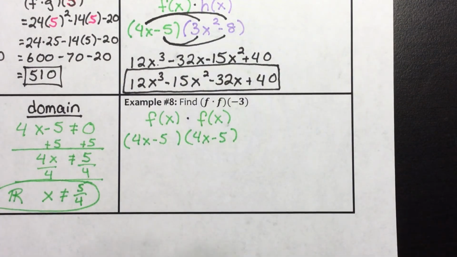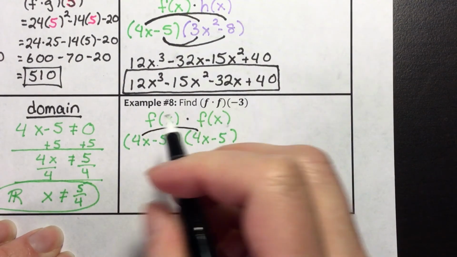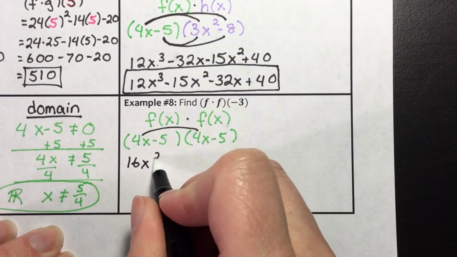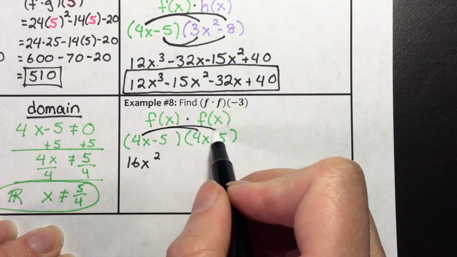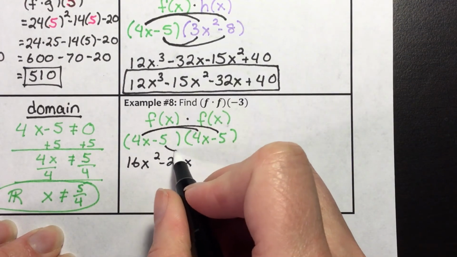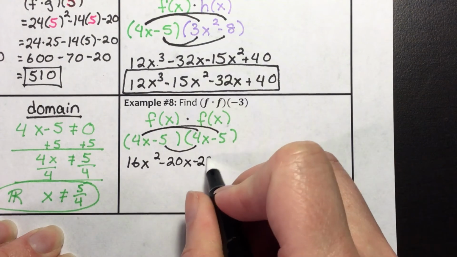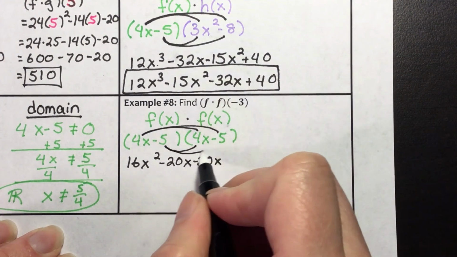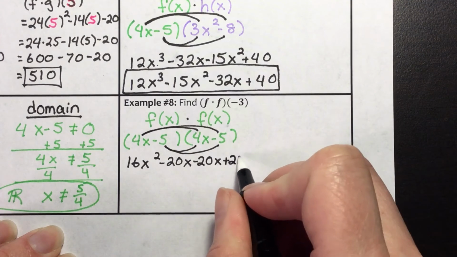Let's distribute. 4x times 4x, 16x squared. 4x times negative 5 is negative 20x. Negative 5 times 4x is negative 20x. And negative 5 times negative 5 is positive 25.